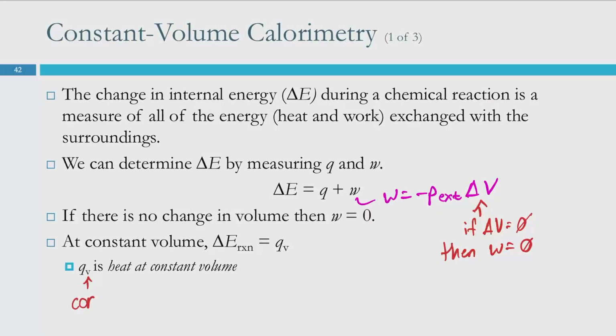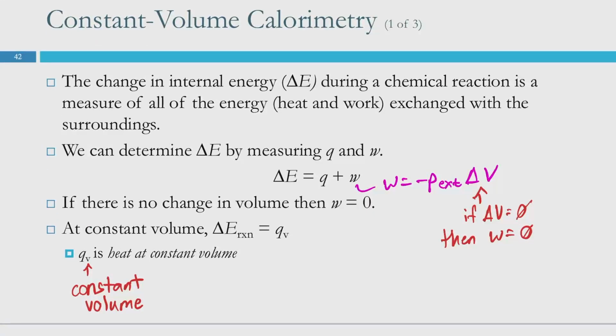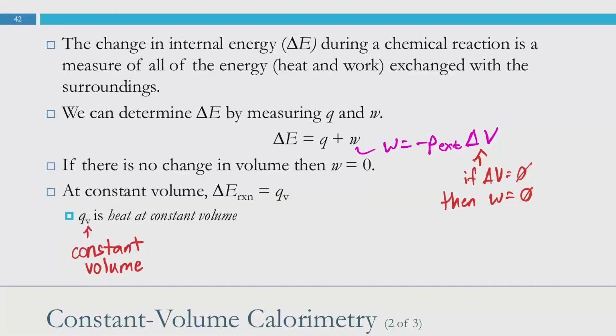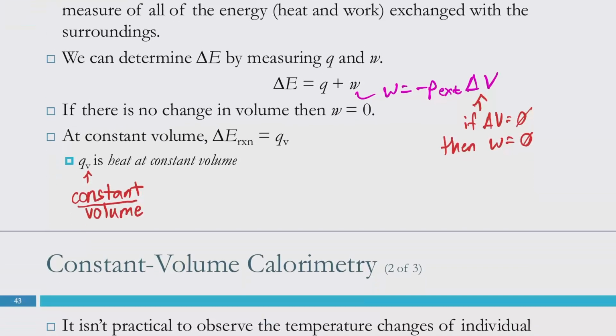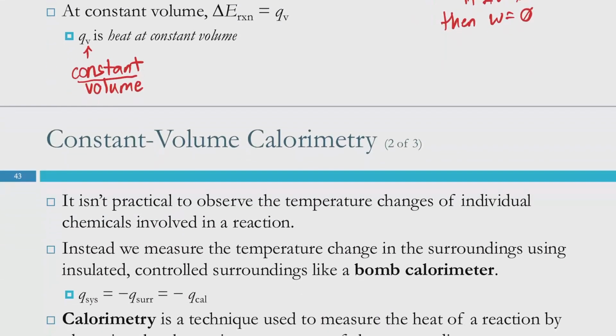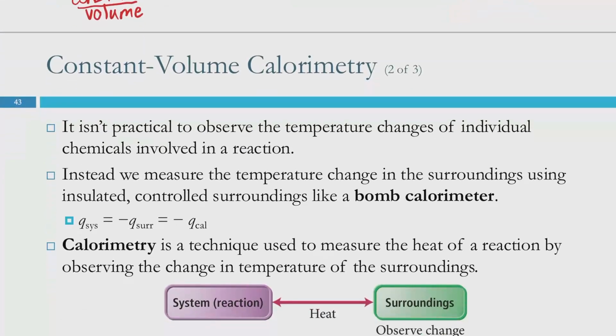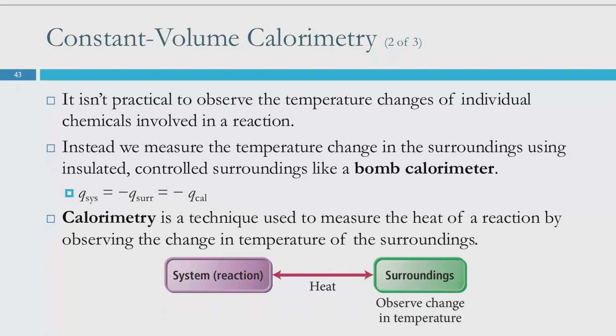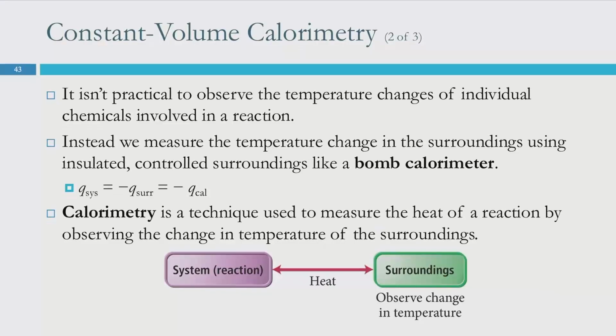The V here meaning that we have constant volume. Q still being heat. So constant volume calorimetry is a way that we can measure our change in internal energy.